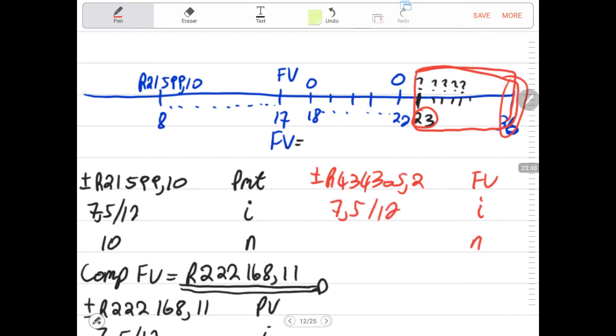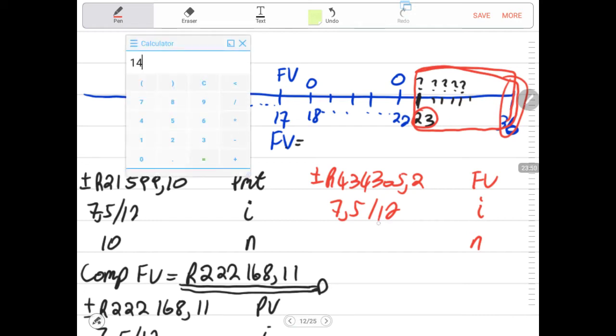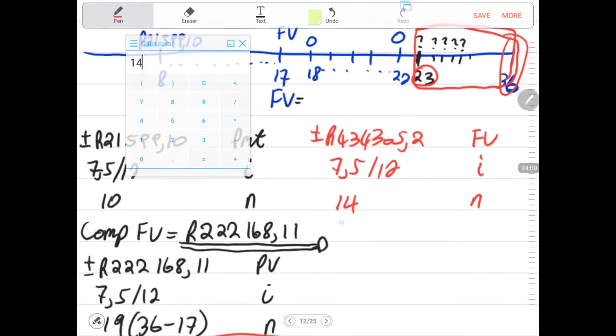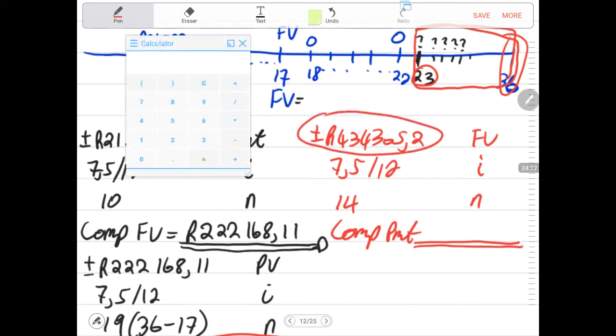I calculated N to be 14, meaning from month 23 to month 36, it will be 36 minus 22, so 14 payments would be made. Then we compute the PMT, how much payments must be made in order for us to get to the remaining balance.